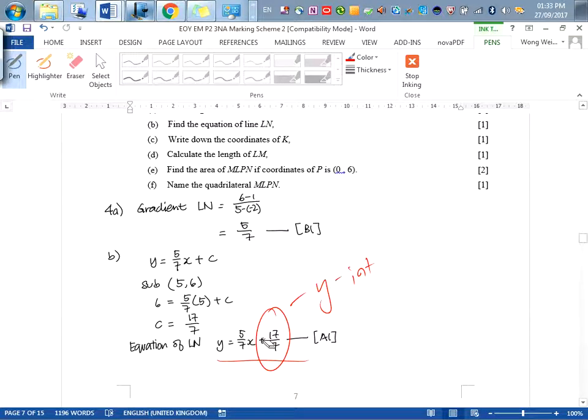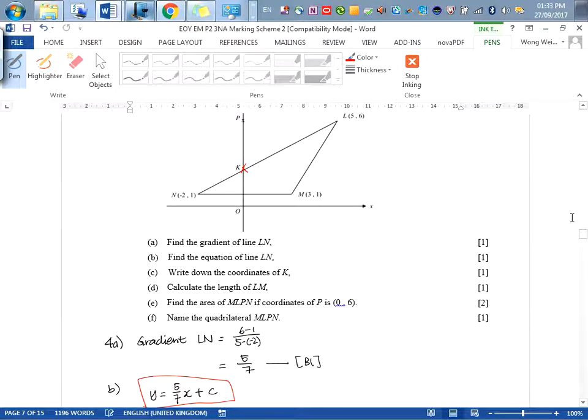We substitute 1 point. Okay, so for part B, I know that the equation of the line looks like this, and I know 1 point lies on the graph, which is (5, 6). So if I substitute (5, 6) into y equals gradient, which was 5/7, x plus c, I will be able to find c.